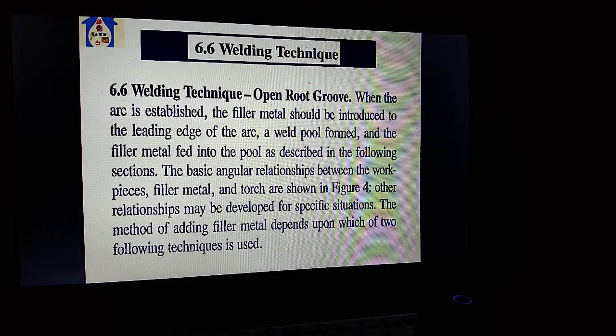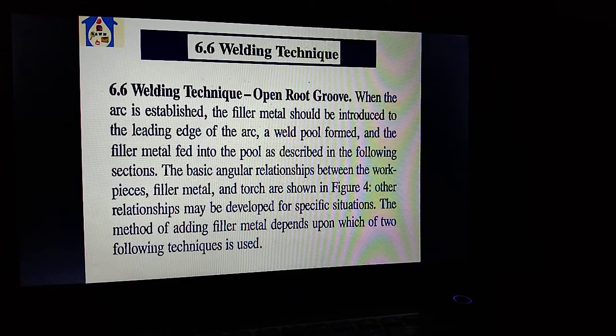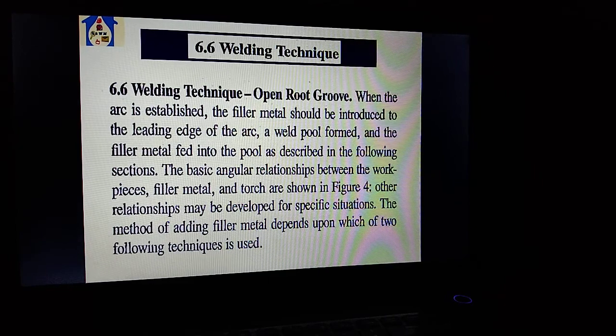The angular relationship between the workpiece, filler metal, and the torch is shown in figure 4. Other relationships may be developed for specific situations. The method of adding filler metal depends upon which of two following techniques is used.